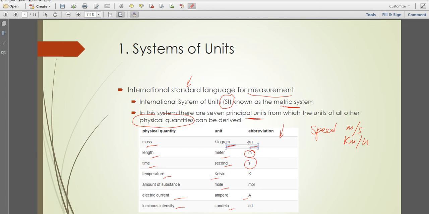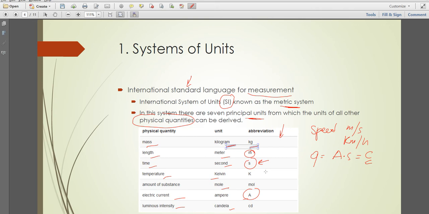We also have, for example, electric charge, which is Q. So Q would be ampere times time, which gives us ampere second, which is the coulomb. This is what we want to study today.